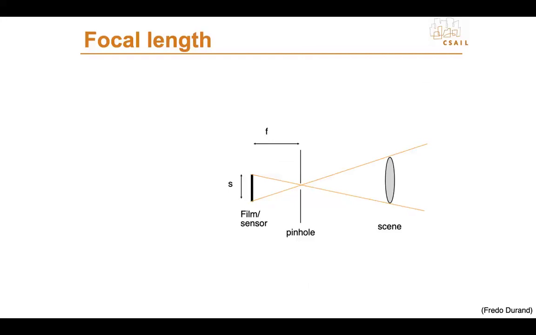We start with a pinhole model of the camera, and so at a certain distance that we are going to call the focal distance, we have our sensor, right? And this is for the ideal model of a pinhole camera.